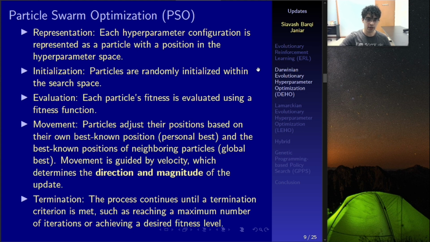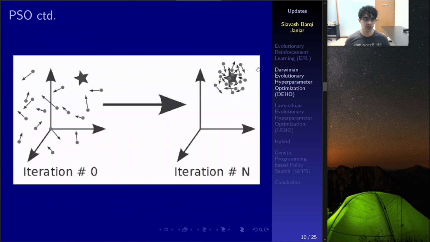So what's happening is each one of these data points is a different hyperparameter configuration, and each one of them has a movement, but this movement is adjusted with respect to each point's position and the closest ones.